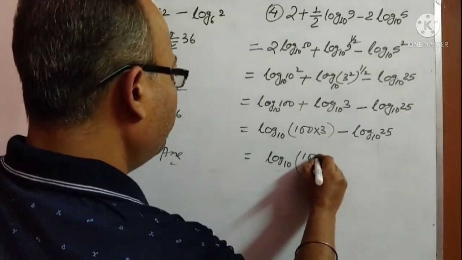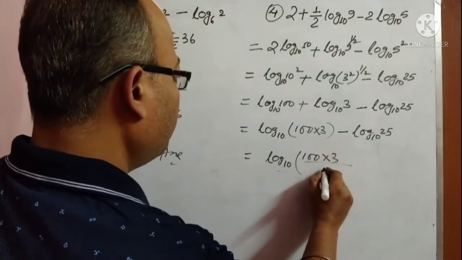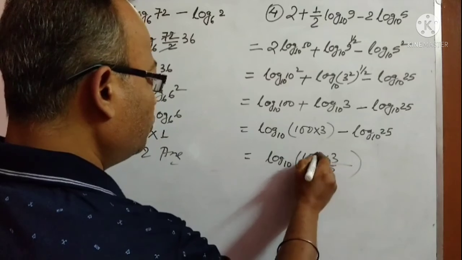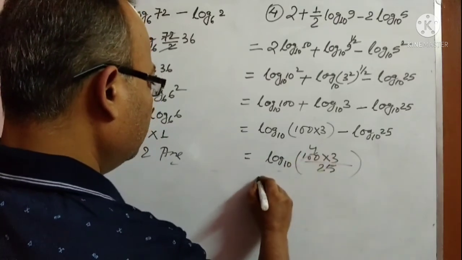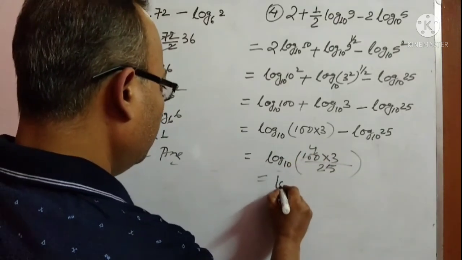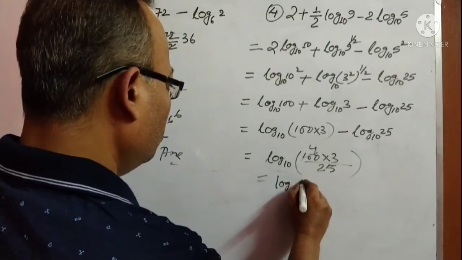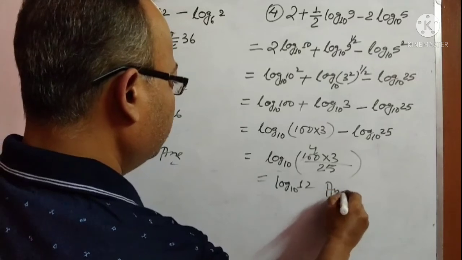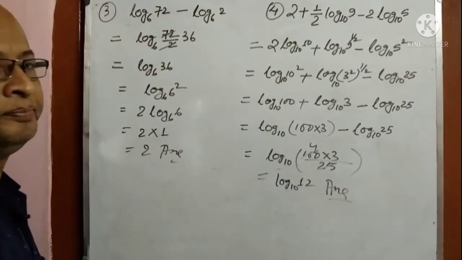So it will be 100 into 3 by 25. So just cancel it, 25 fours are 100. So it will be log 12 to the base 10. So this is your answer.